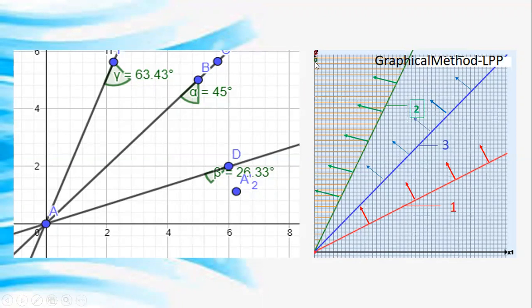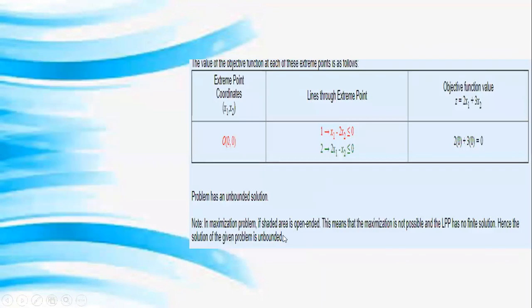So my feasible region will lie above equation 2, whatever I have drawn here. This is the feasible region. Since it is unbounded, the shaded area is open-ended, that is, the problem is an unbounded type of problem.